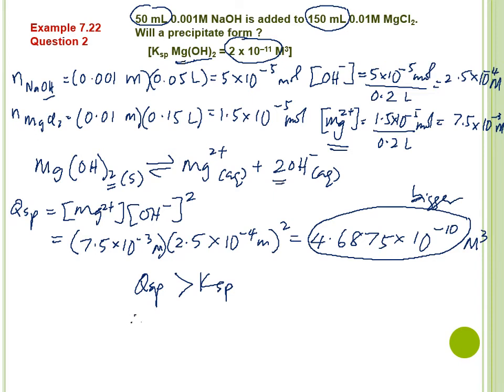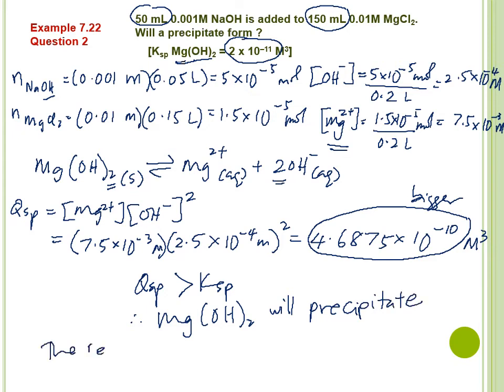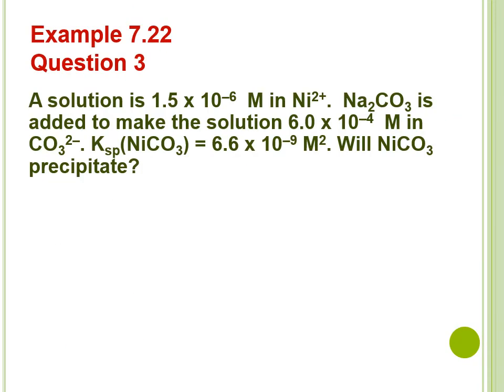So you can say magnesium hydroxide will precipitate. The reaction will proceed from right to left.